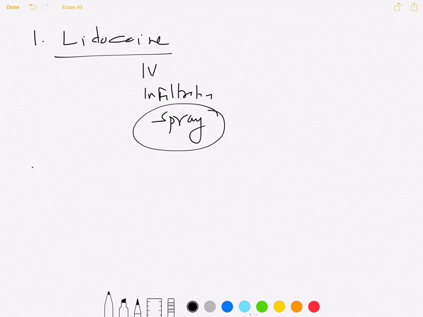Then we go to another drug called bupivacaine. Bupivacaine is commonly used as an epidural or as a spinal, and also used for nerve blocks. It's an intermediate to slow-acting local anesthetic. It's a toxic local anesthetic. It's also metabolized by the liver.